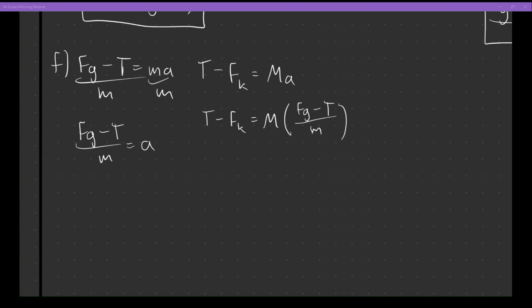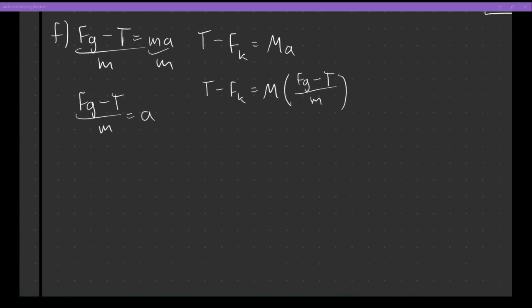Now I'm going to convert some of these over to their expanded form. So T minus F of K is just equal to F of N times mu K. This is equal to big M times F of G. F of G of the hanging block is equal to mg minus T over small m.